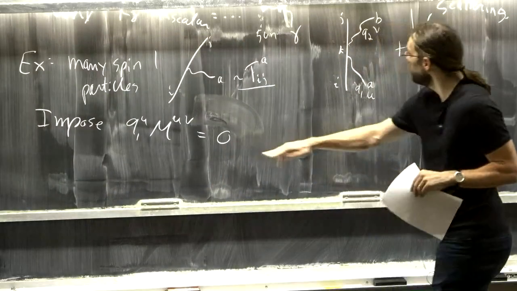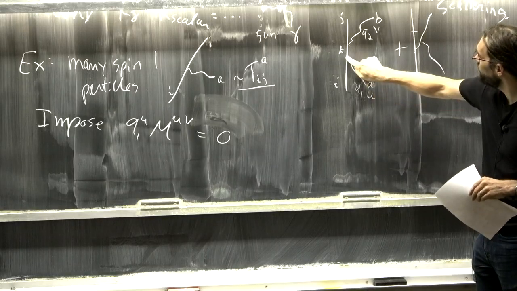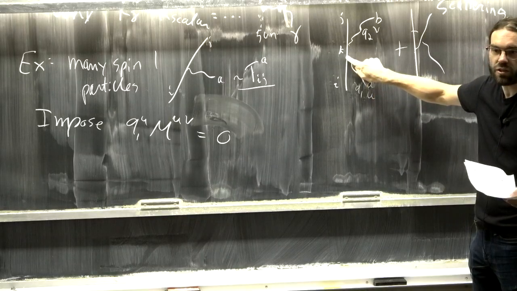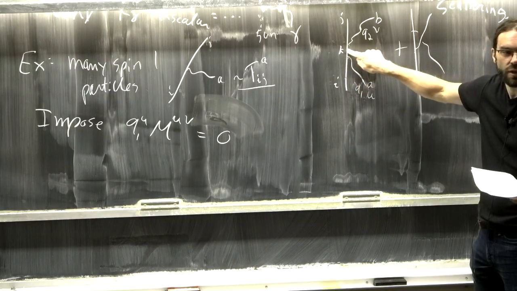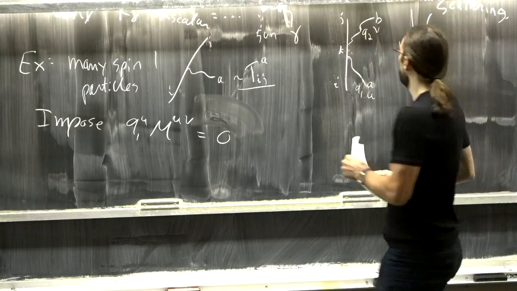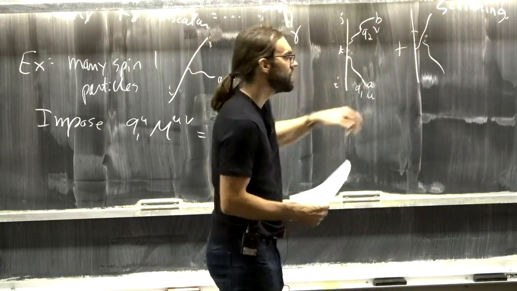And what happens when you try to solve this identity is that q dotted into the vertex gives the unchanged mass shell condition, which is satisfied on this leg, but it cancels this propagator. So we get Ward identities that cancel this propagator. So these two graphs get to talk to each other.